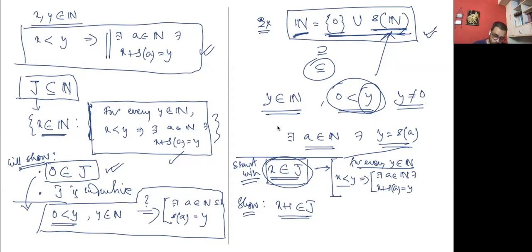And now we have to show this. Now, what is the corresponding statement here? That for every z in N, x plus 1 less than z would imply there exists B such that x plus 1 plus S of B is equal to z.